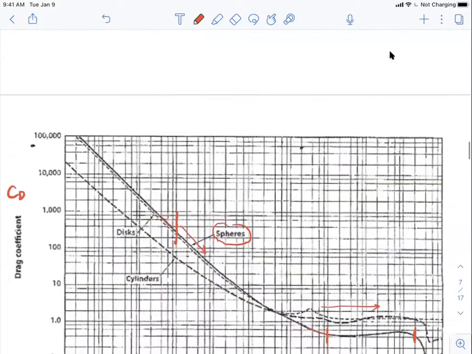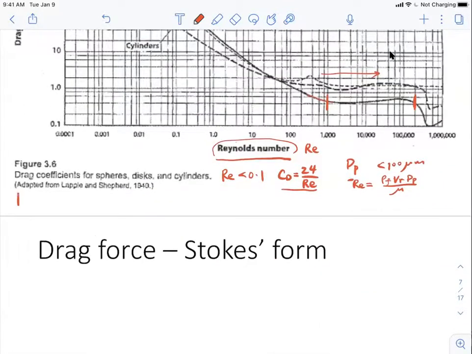We'll write out Newton's form again: 1/2 rho F multiplied by VR squared, multiplied by AP, and then multiplied by CD. Let's start to plug in everything. We have 1/2 rho F VR squared, and then AP, as we said, for a spherical particle is just the cross-section area, so that's pi over 4 dP squared.